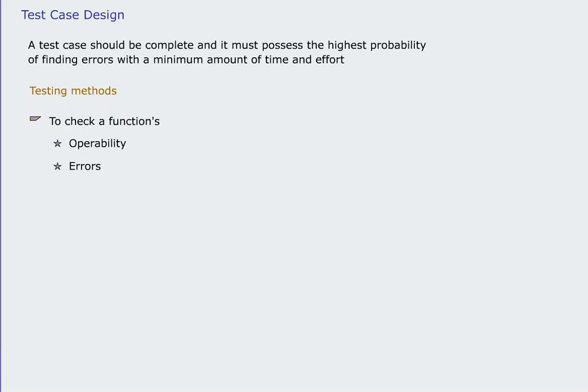Number 2. Knowing the internal workings of a product, tests can be conducted to ensure that internal operations are performed according to specifications and all internal components have been adequately exercised.